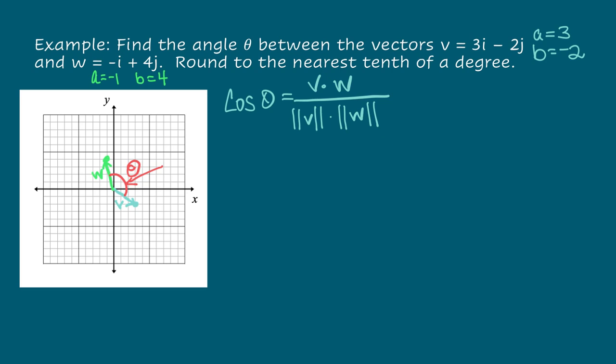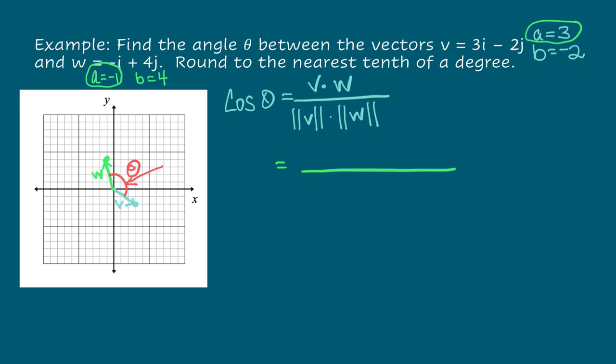So in the top of our formula here, I'm going to go ahead and plug in to do my dot product. At the top, I remember my dot product is my a components multiplied together plus my b components multiplied together. My a components are 3 and negative 1.